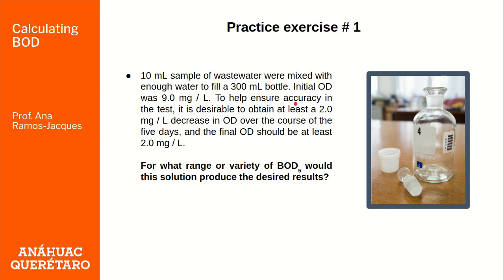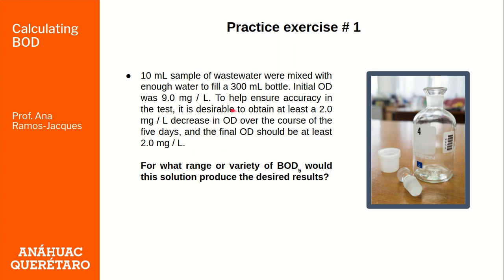To help ensure accuracy in the test, it is desirable to obtain at least a 2 milligrams per liter decrease in DO over the course of the 5 days, and the final DO should be at least 2 milligrams per liter. So here we have all the data to obtain the range of BOD5 that this solution can produce with the desired results.